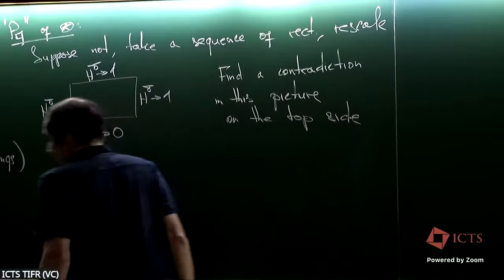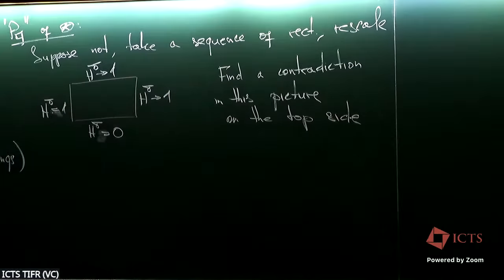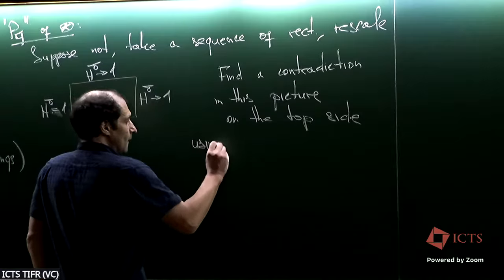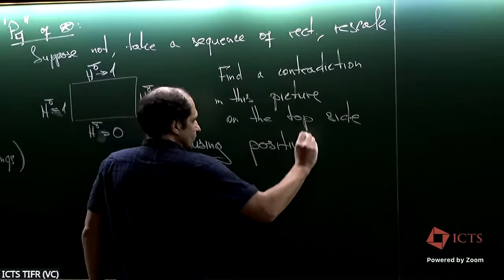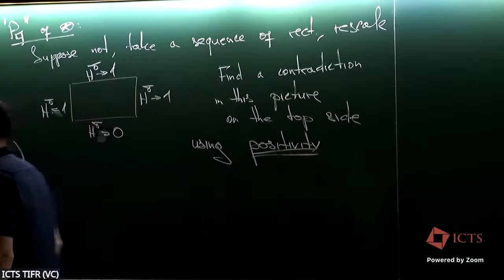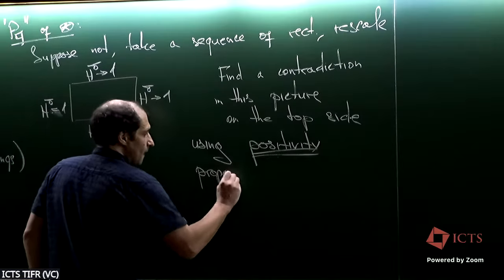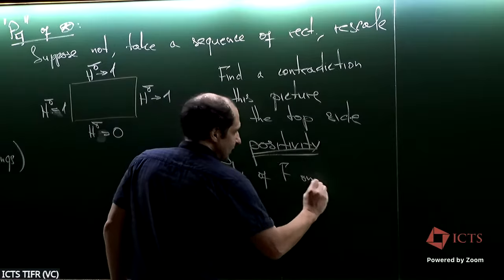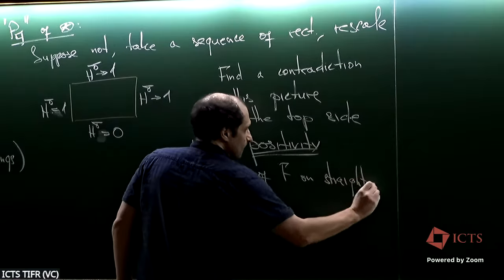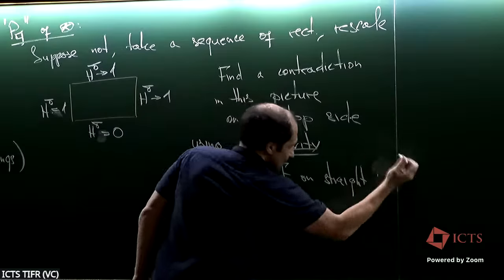And the origin of this contradiction, I'm just doing this very technical sketch, so it's probably hard to follow, but I'm trying to show you where the origin of the contradiction is. The origin of the contradiction is that there is a certain positivity of observables on straight cuts, using the positivity property of F on straight lines, straight boundaries.